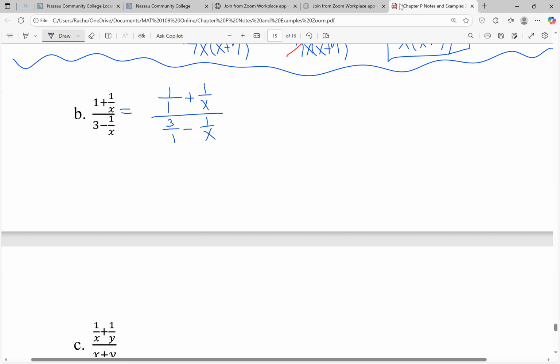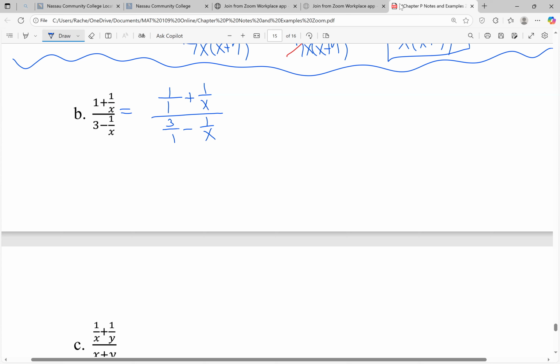Sometimes it's nice to take any whole numbers and put them over 1 so we can see that I really have 2 fractions in the numerator and 2 fractions in the denominator. In the numerator we're adding the 2 fractions, in the denominator we're subtracting. But we could use the technique that we just used above: find the LCD and multiply the numerator and the denominator by the LCD, and you're going to see we eliminate fractions, and then we'll be able to maybe simplify that final rational expression.